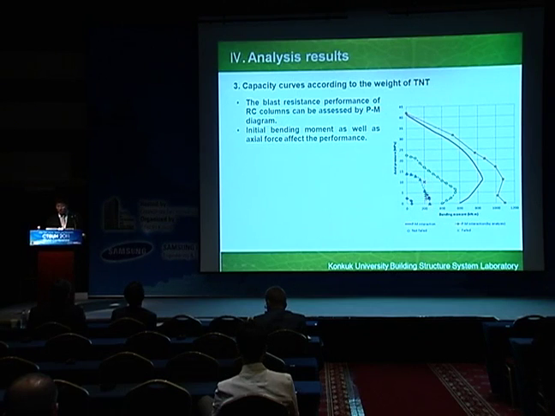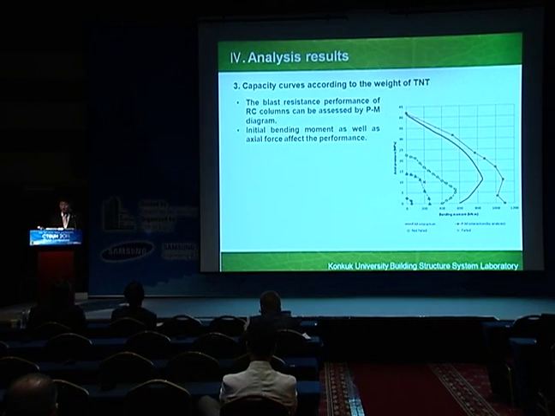But if you apply the 250 kilogram, then this column would fail. So if we get this kind of curve, then we can predict whether the column would fail or not. So it can be used as a design chart for blast load.